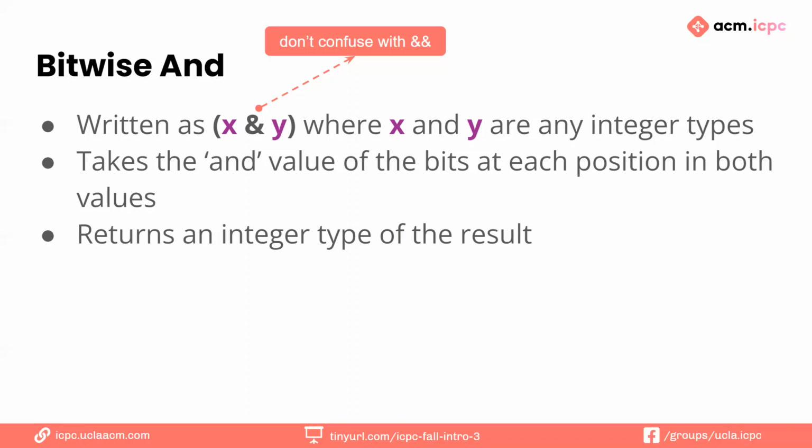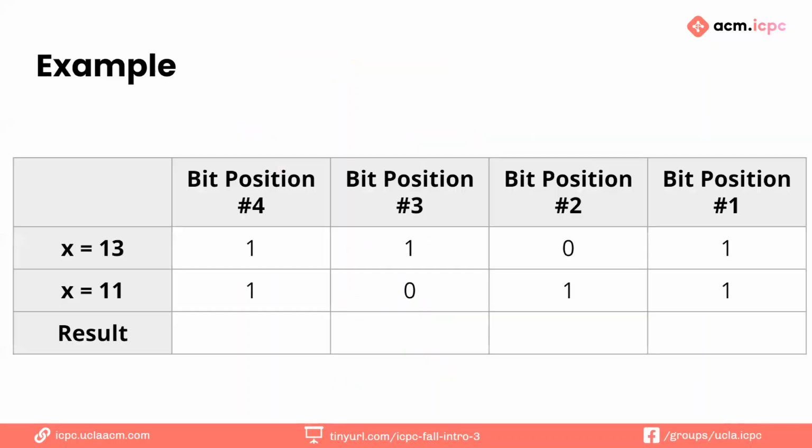Okay, to better understand how it works, let's look at a concrete example. Let's take the AND of X equals 13 and Y equals 11. The first thing we do is convert these numbers into binary. As we've seen before, 13 is 1101 and 11 is, you can check, 1011. Let's start from bit position 4.